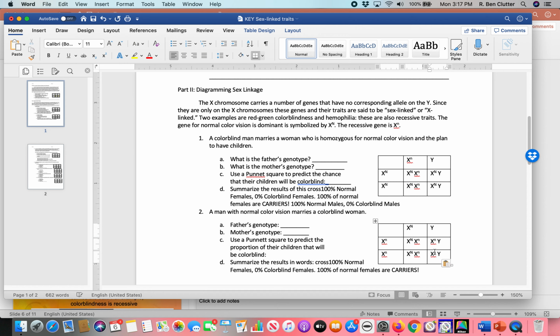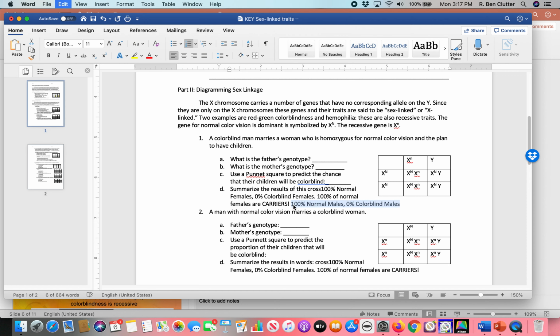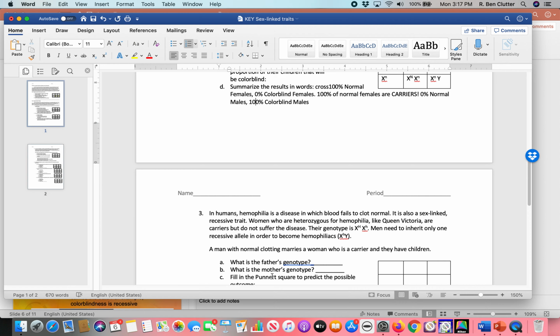So they got this information from their mom, and since their mom's colorblind, they have to be colorblind. So similar but slightly different results. Now, the difference here is that 0% of the males are normal and 100% of the males are colorblind. They have no option but to be colorblind.